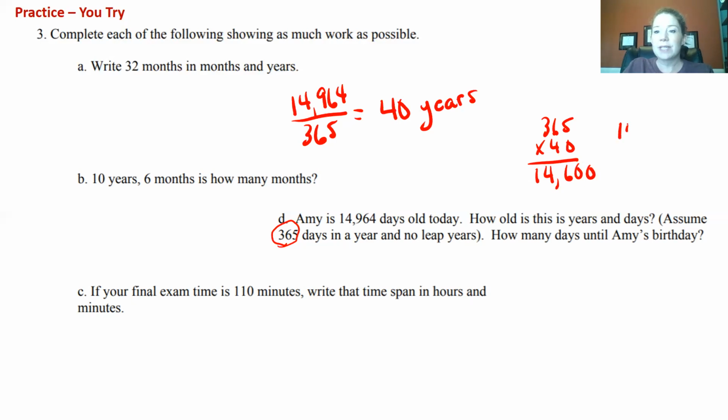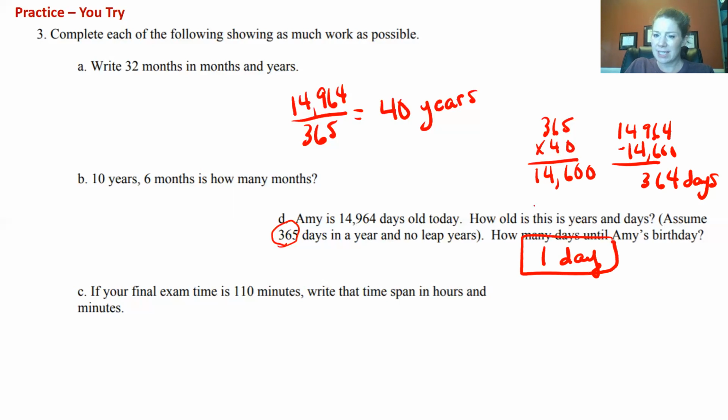Well, if we had 14,964 and we subtracted out 40 years worth of days, that leaves us 364 days. Well, if a year is 365 days, she's 1 day short of being 41. So the second question is, how many days until Amy's birthday? Well, she only has to wait 1 more day and she'll be 41.